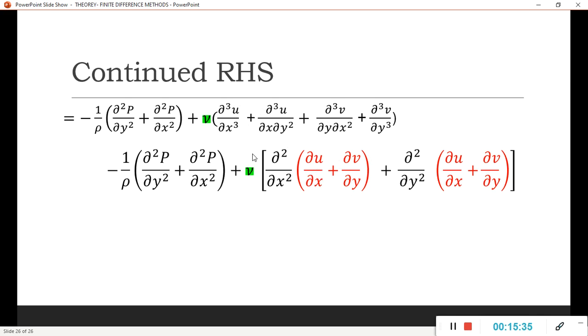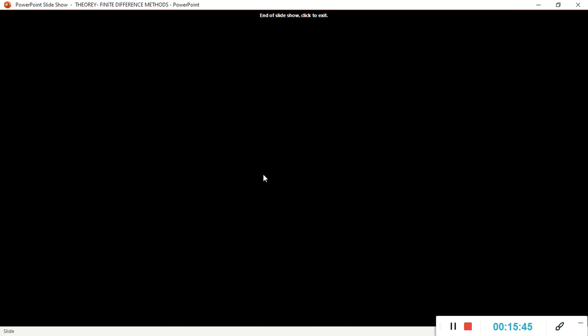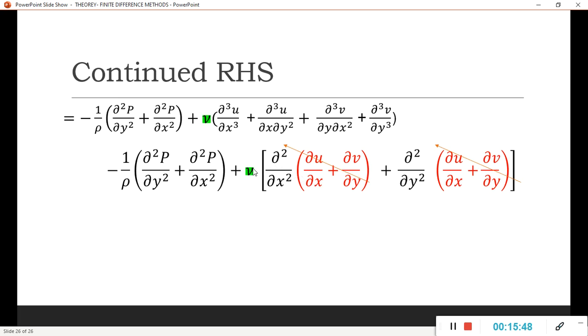And again we enforce the divergence condition. We say that the divergence field must be 0, and therefore we are left with just this particular pressure term, and that's the end of the derivation for the right hand side.